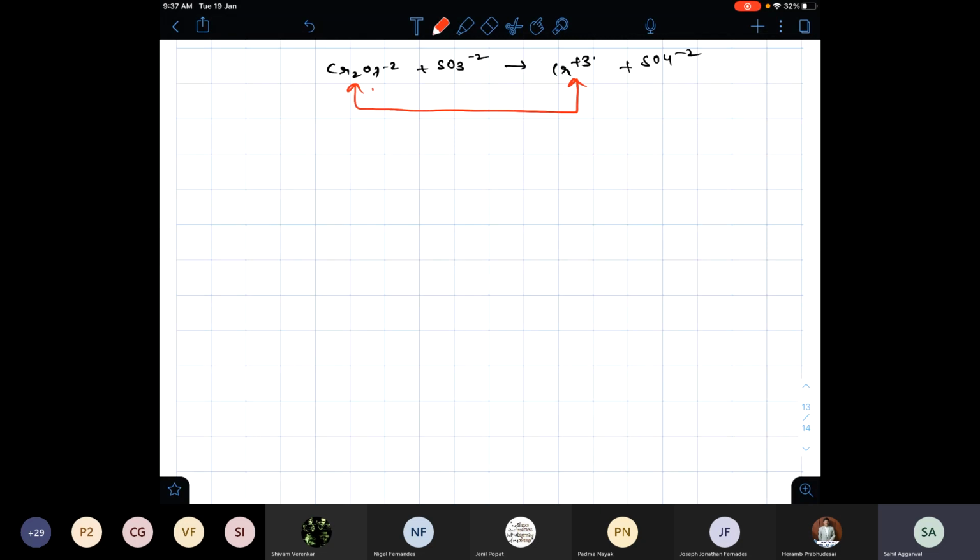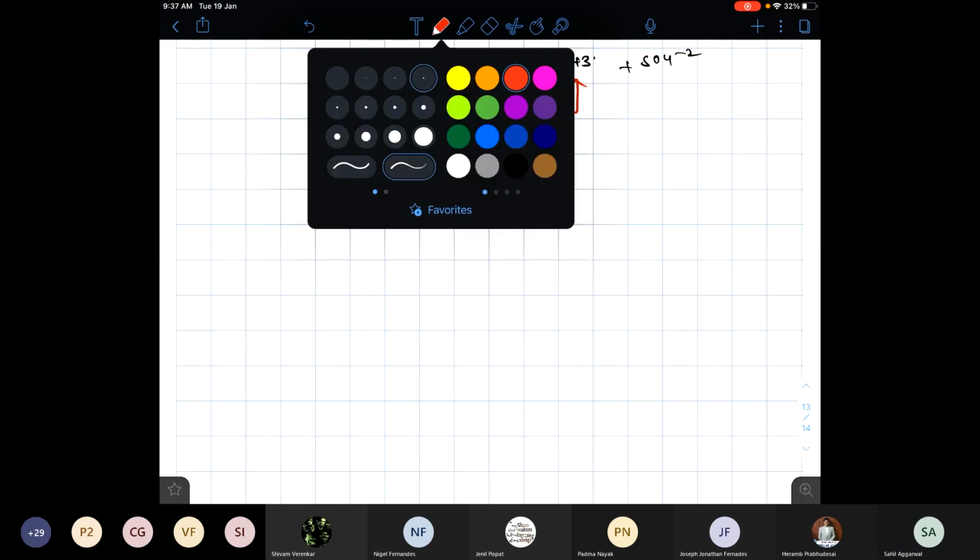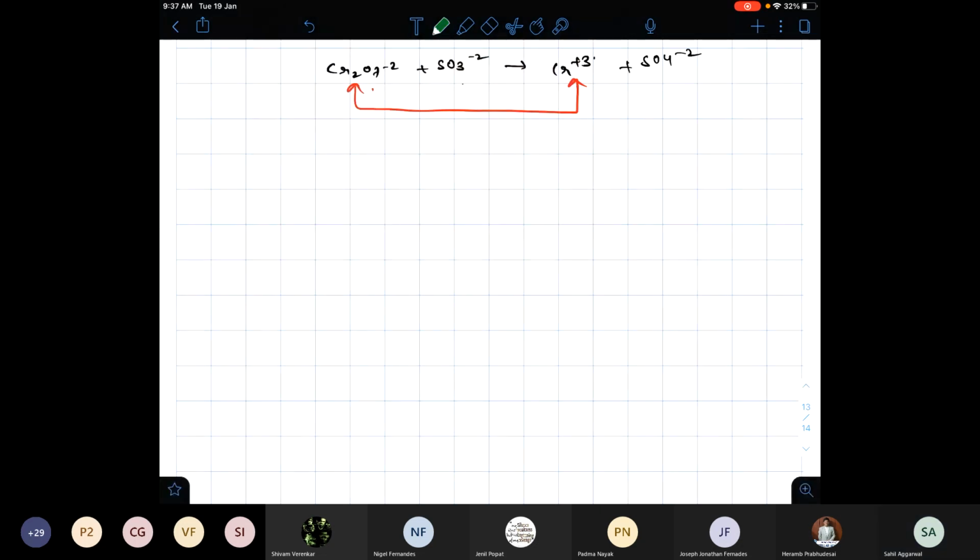Make the two pairs first. Balance the number of atoms.